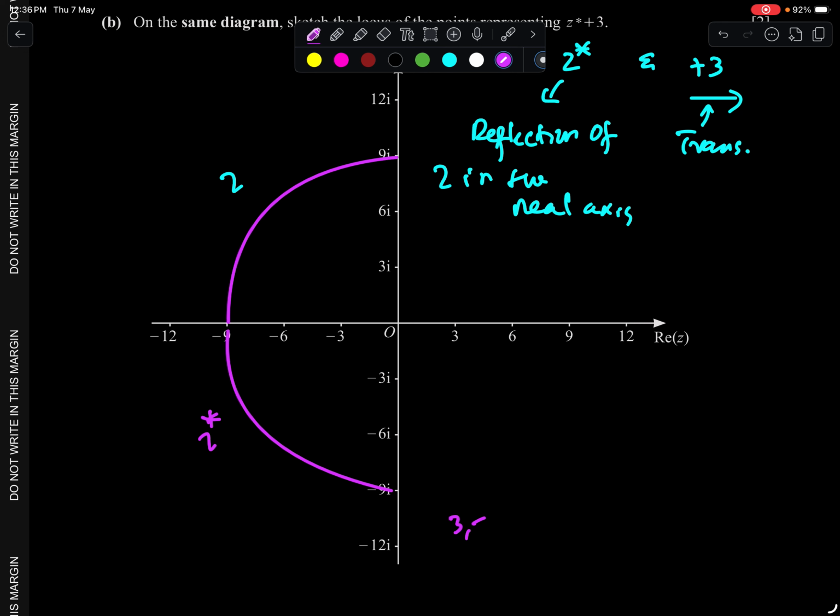So 3 minus 9i, and minus 9 and 0i will become minus 6 and 0. This will come here. Now let me sketch the resultant graph.